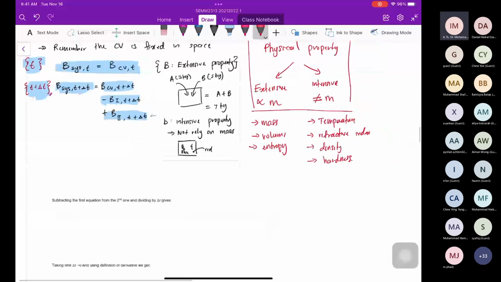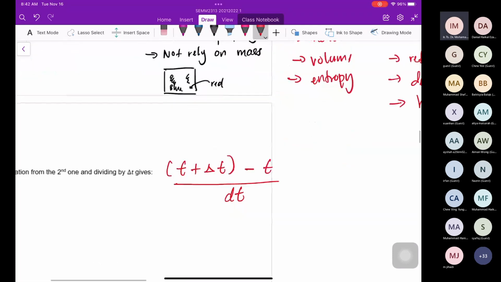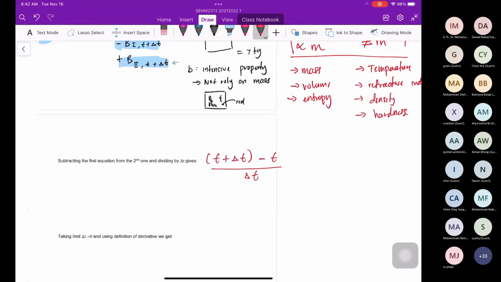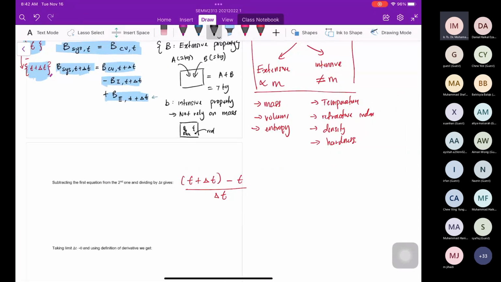That means t plus delta t minus t, and finally I want to divide by dt, divide by time. So let's begin our division.